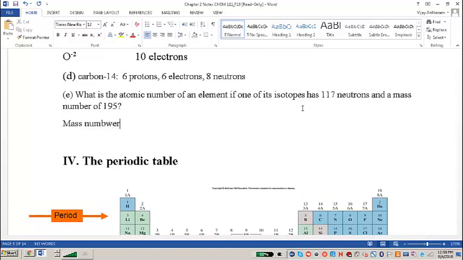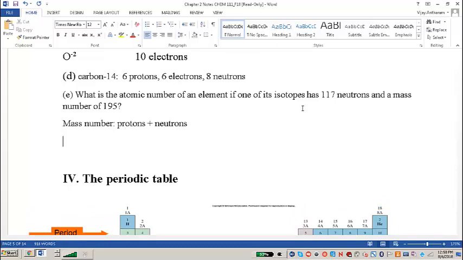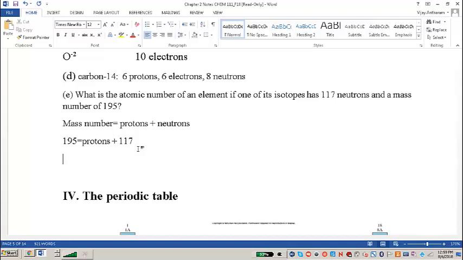So we have a mass number of 195. So 195 equals protons plus the number of neutrons, which was 117. So what's 195 minus 117? It's going to be 78.